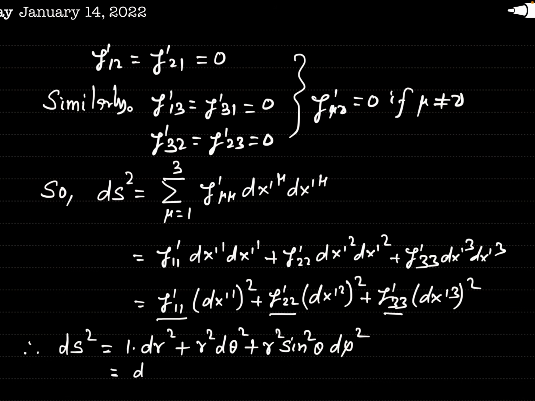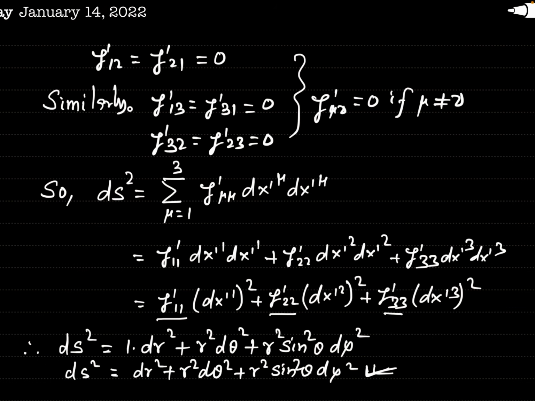So ds square is simply dr square plus r square d theta square plus r square sine square theta d phi square. This is the expression for the line element in the spherical polar coordinate system.